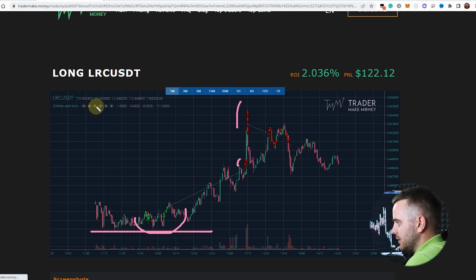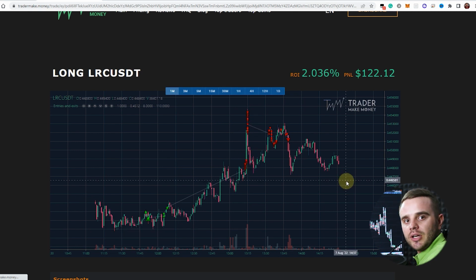Like today on LRC, significant size was there, but price didn't reach it, and only half of my position was executed. That's why I didn't make the full amount of money. And as you can see, we have red stuff here, red stuff here. I book this trade by parts. I never try to pick the best place, that's it.